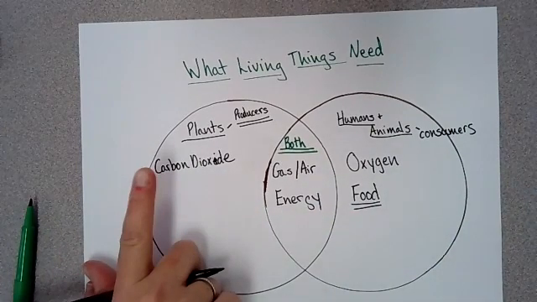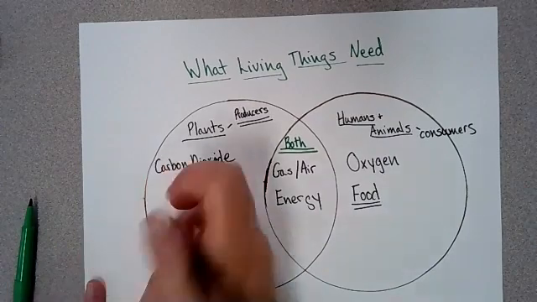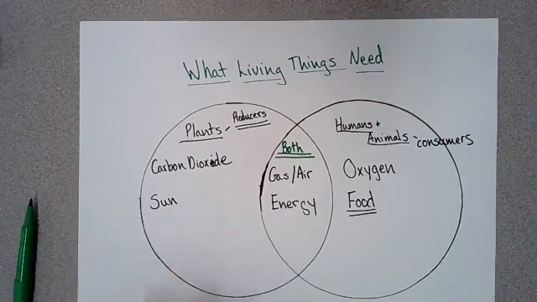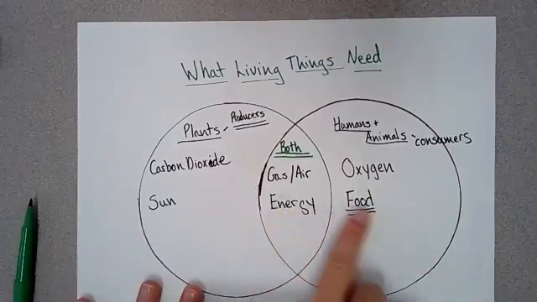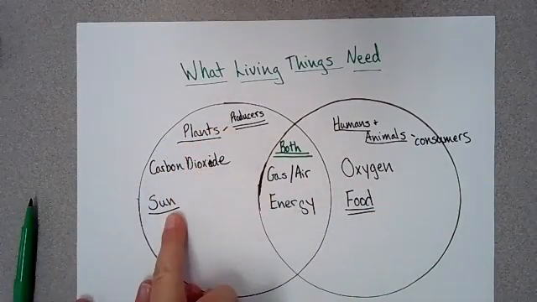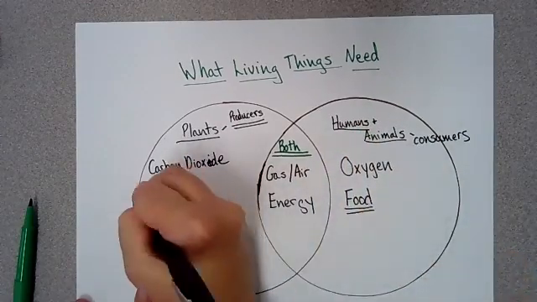And plants get their energy from the sun. They take sun and water and go through a process called photosynthesis, and they make basically food for themselves. They make sugars. But the food and the sun both are a type of energy. This is where they get their energy. This is where we get our energy.